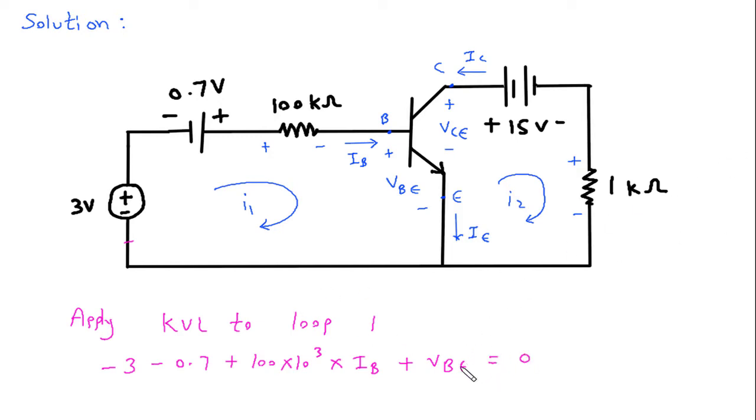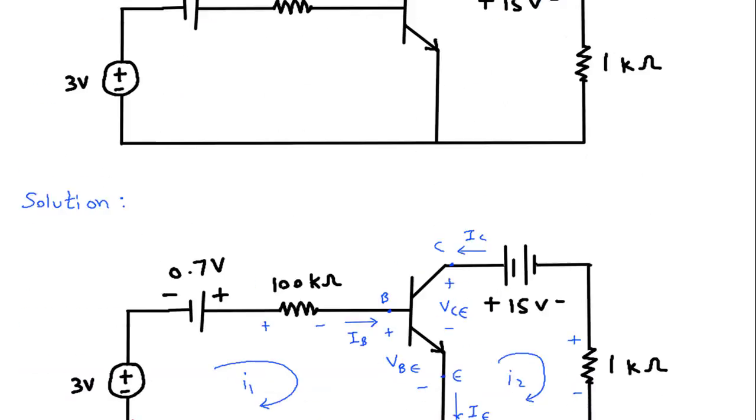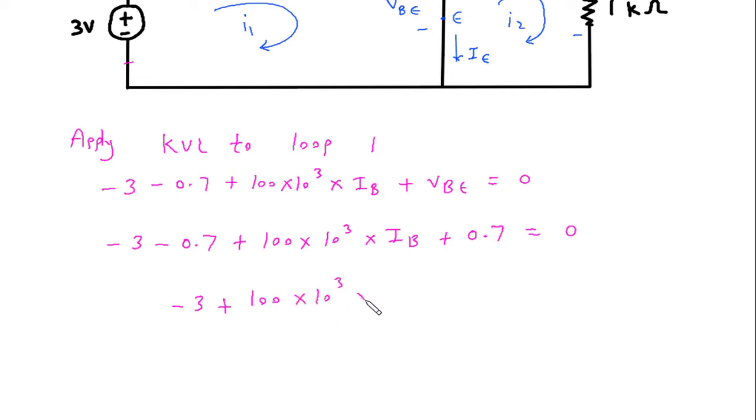The value of this VBE is given, VBE is equal to 0.7 volt. So this will be minus 3 minus 0.7 plus 100 into 10 raised to 3 into IB plus 0.7 is equal to 0. Now this minus 0.7 and plus 0.7 is equal to 0. So only minus 3 plus 100 into 10 raised to 3 into IB is equal to 0.